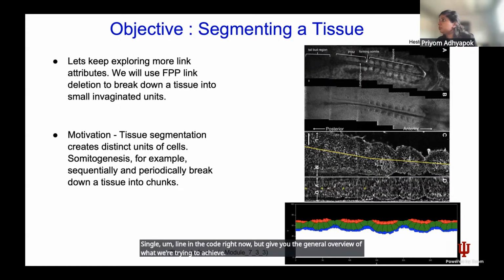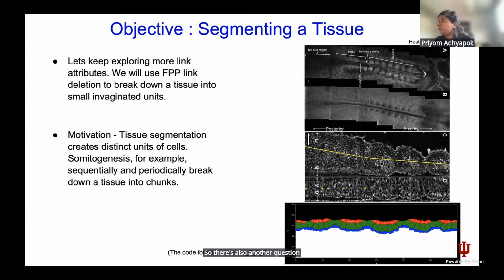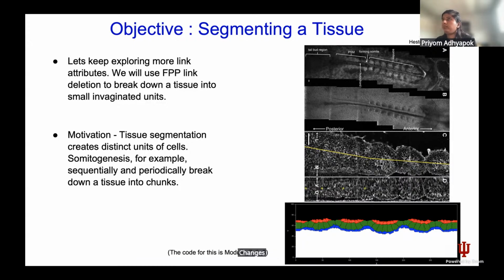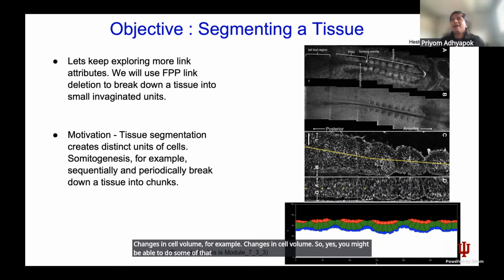So there's also another question from Taylor. Are there any other ways to induce bending without altering links between cells? Changes in cell volume, for example? So yes, you might be able to do some of that, but the effects with just contact energies might not be very pronounced.